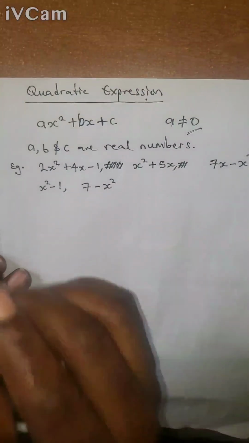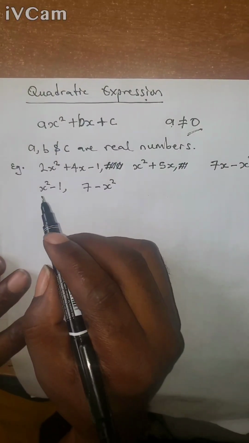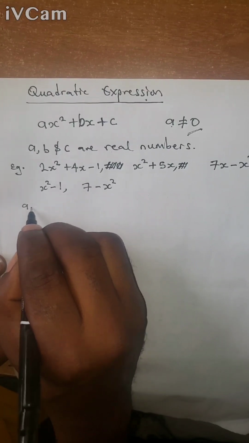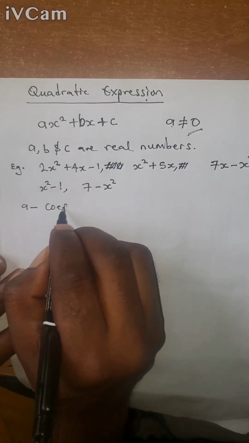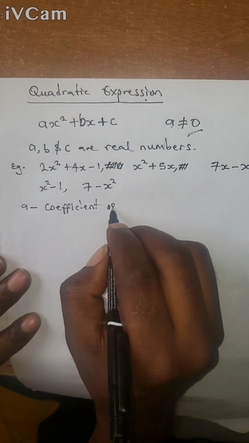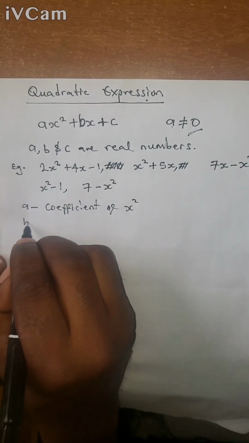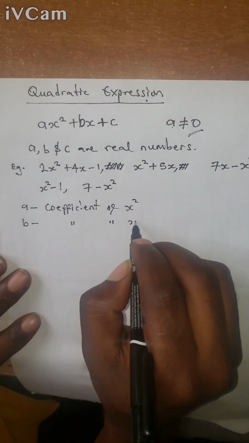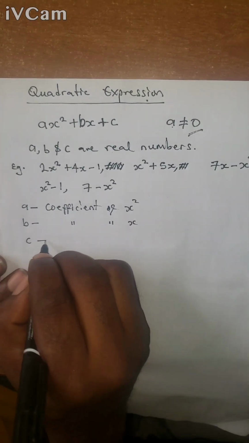Let me write those things out. A is the coefficient of s squared, b is the coefficient of s, and c is the constant.